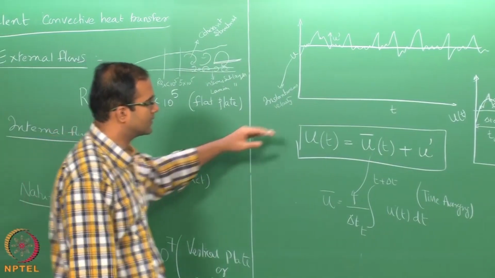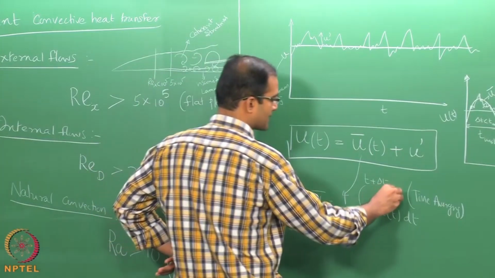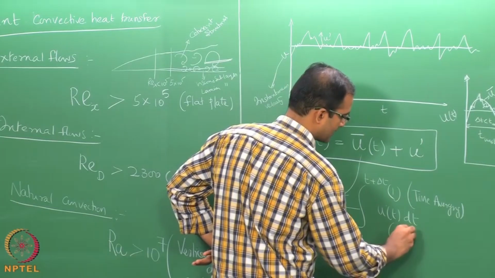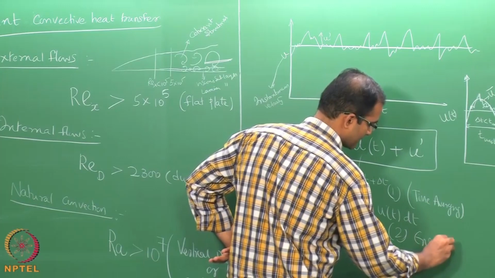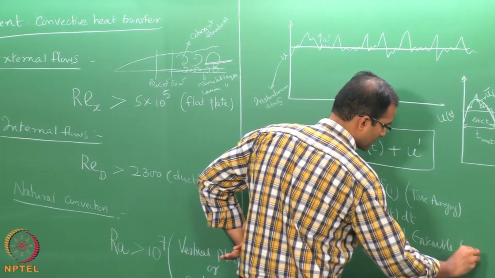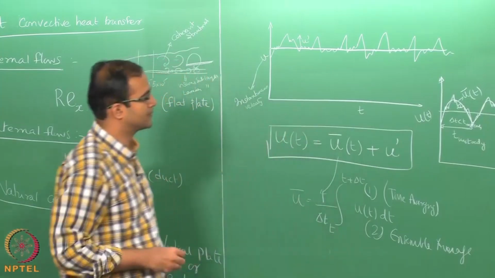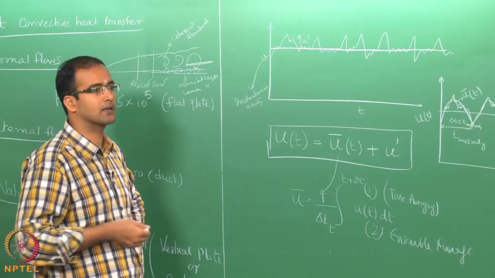Now, there are different ways of doing this averaging. What I have described here is time averaging. You can also do what is called ensemble average. That means you take certain data at a certain location, you repeat it again, and again, and again.